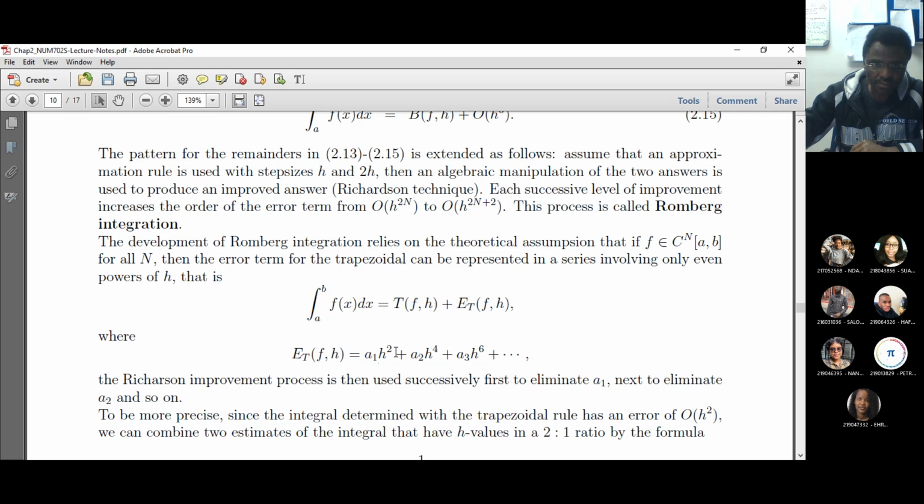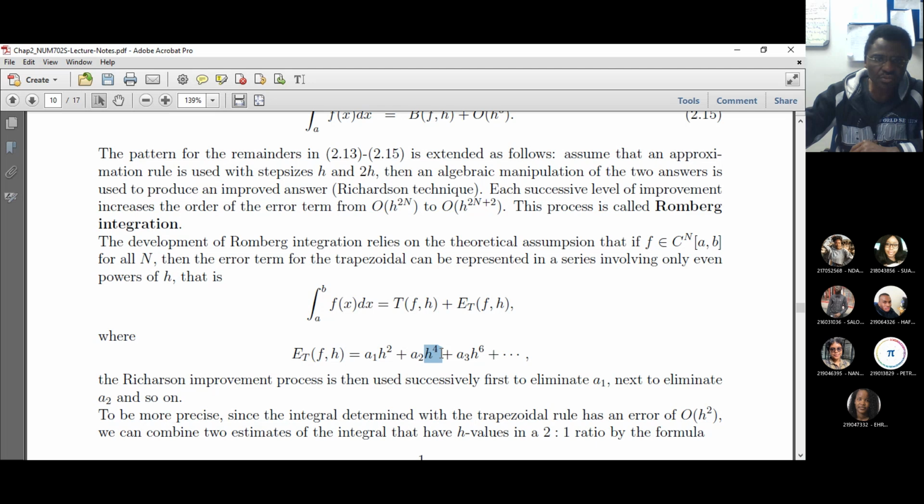So if I want to perform the Richardson technique, the purpose of the technique will be to come up with a strategy that will allow me to cancel out this A1 term in the expansion.